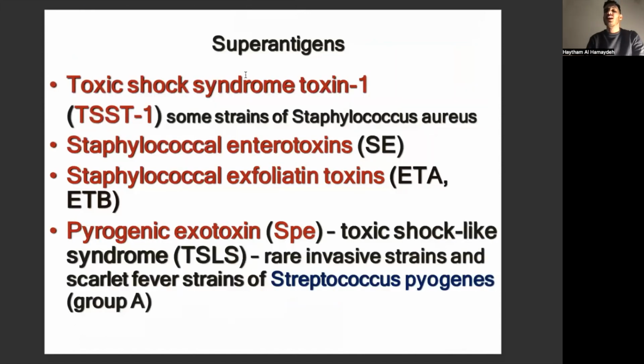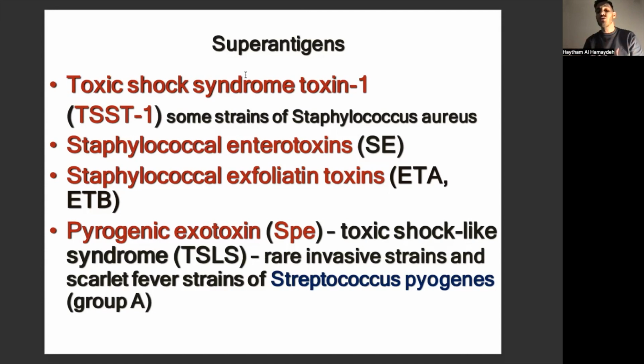Super antigens, for this slide we're just defining what a super antigen is and what are some very famous super antigens released by most of the bacteria that we're going to discuss in this presentation. All of the bacteria that you have seen do not release all of those at once.